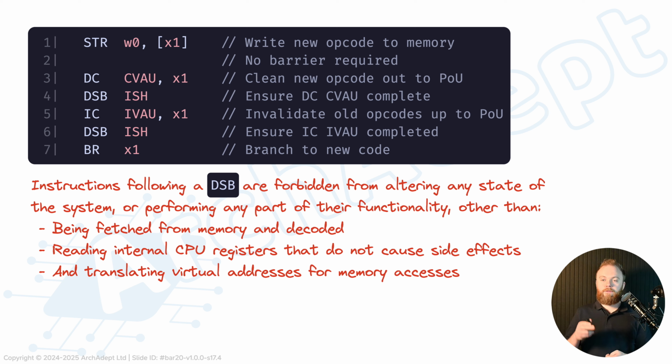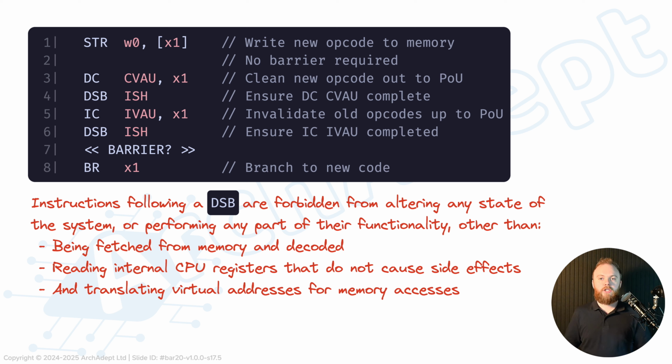And that first point in particular is a problem for us here, because it means the CPU can speculate past the DSB on line 6 and begin fetching and decoding the old instruction opcode from the L1 instruction cache before the instruction cache invalidate has actually completed.